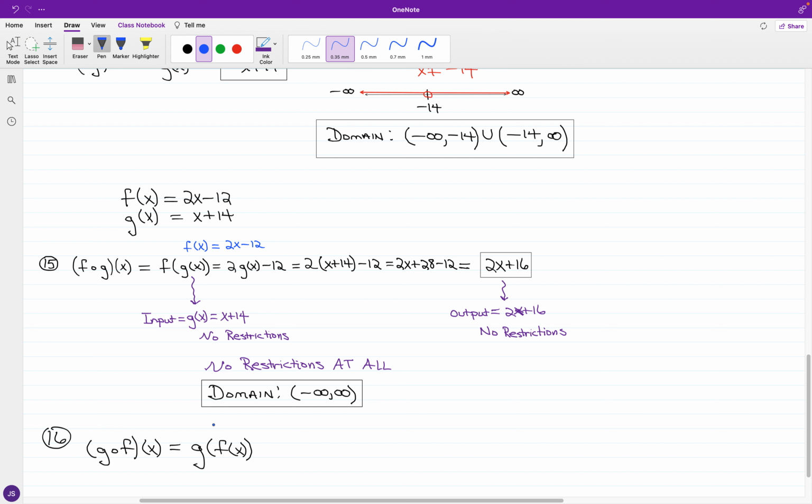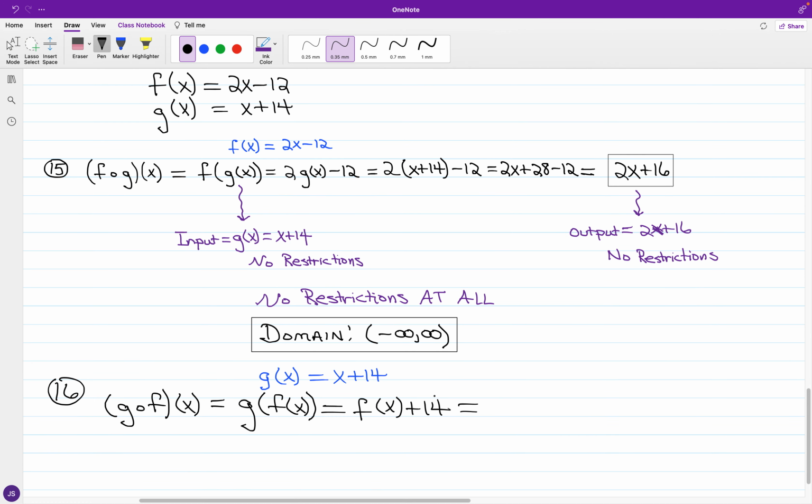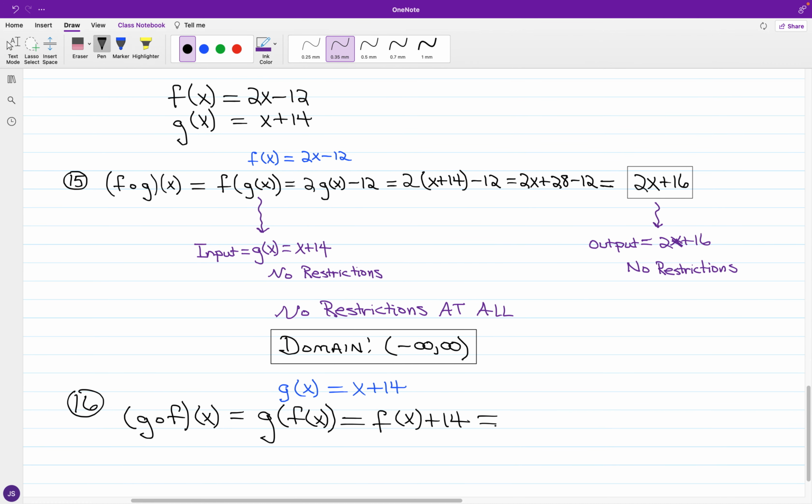So the output is in line with g, where g of the input is defined as the input plus 14. So for g of f of x, f of x is the input. So you have f of x plus 14, and now specifying the expression that defines f of x, we have 2x minus 12.